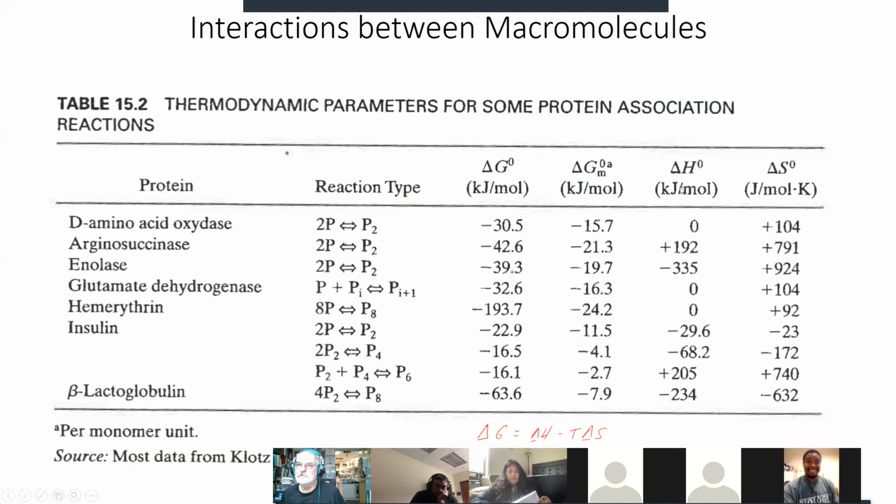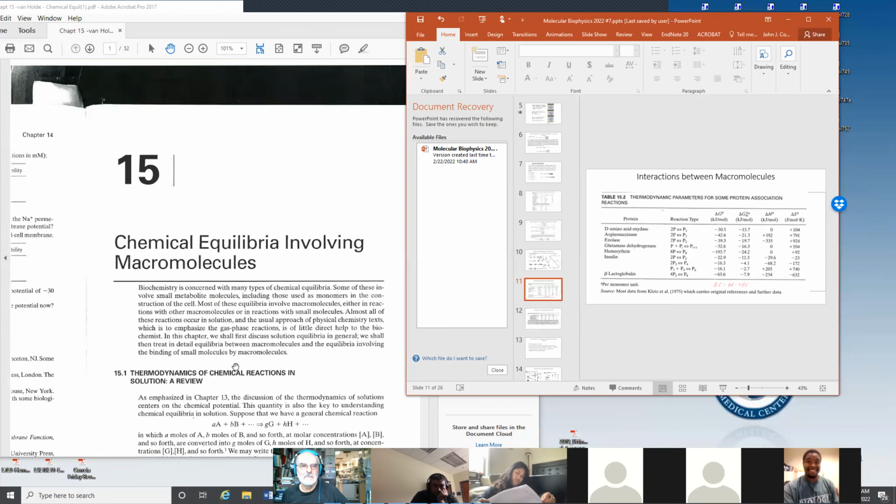Notice this is kilojoules and this is joules. Oh, okay. Use kilojoules here. This is 234,000. Okay. And this is 298 times 632. So correct for kilojoules and joules, and you'll get the right answer. Okay, thank you. Okay. All right.